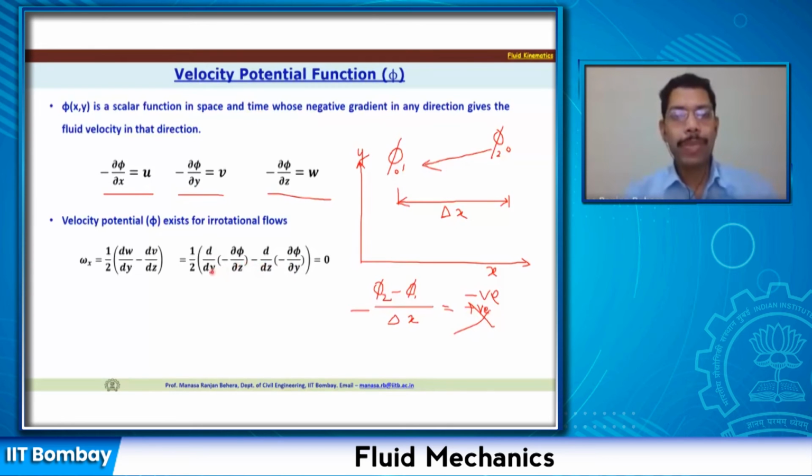So if you see this expression, you have dou square phi by dou y dou z minus dou square phi by dou y dou z. So both will vanish, and finally you are going to get the equation 0.